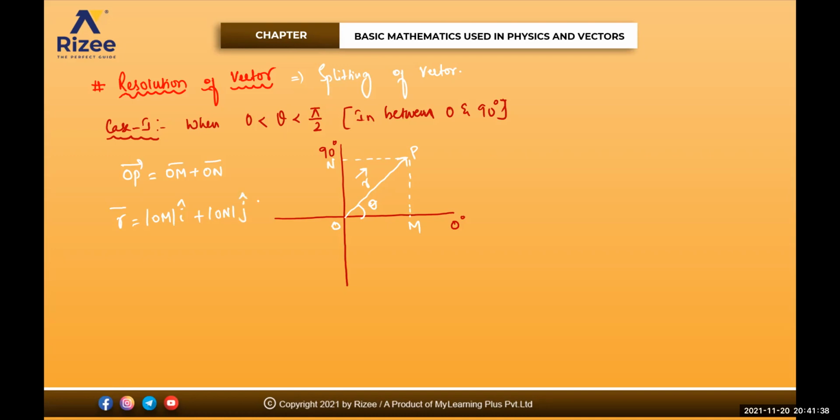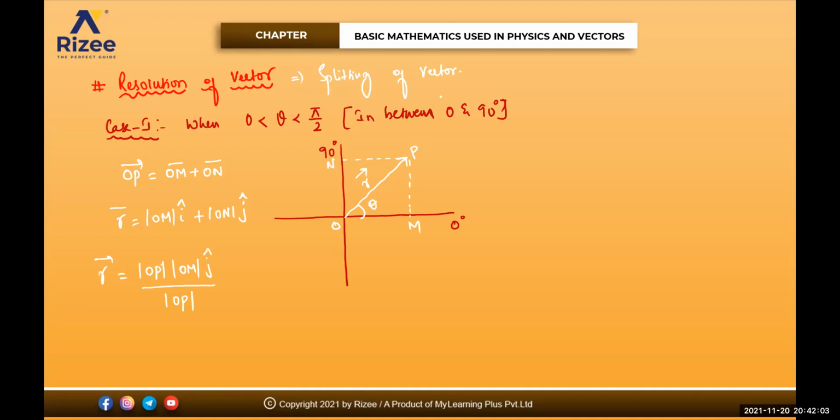Clear? Now see, what I'm doing is, listen carefully. I'm dividing and multiplying by OP because R bar is common for both X and Y. So I am multiplying by OP, and this one is OM as it is. This is your J cap and dividing by OP. Will it make any difference?